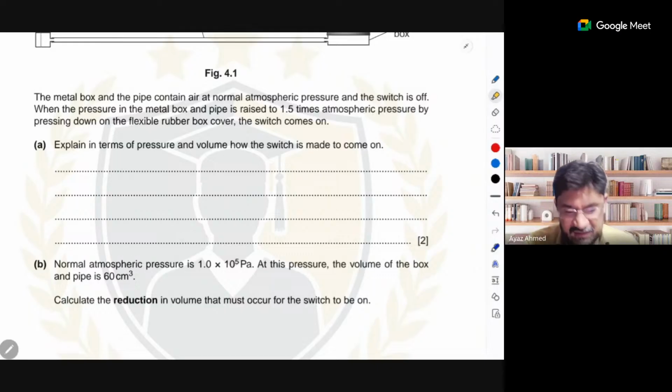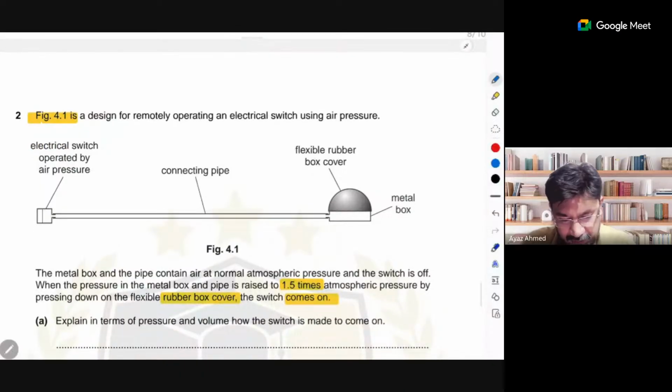When the pressure in the metal box and the pipe is raised to 1.5 times atmospheric pressure by pressing down on the flexible rubber box cover, the switch comes on. Explain in terms of pressure and volume how the switch is made to come on.